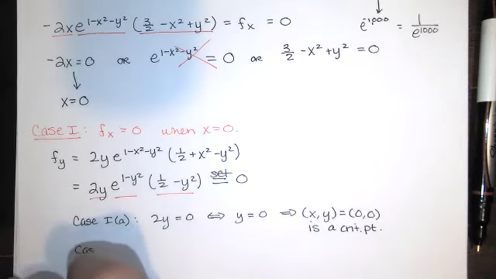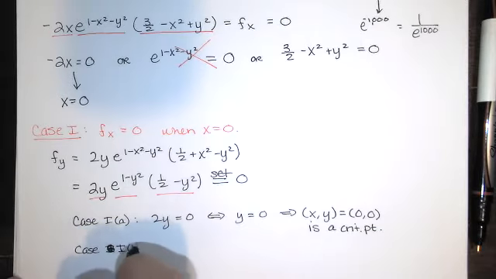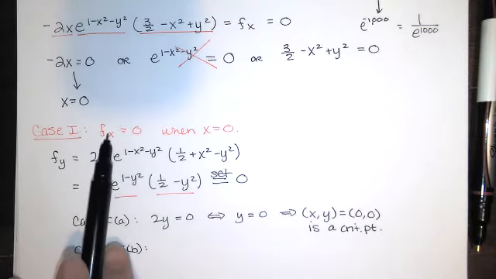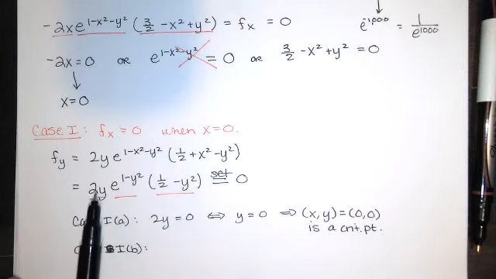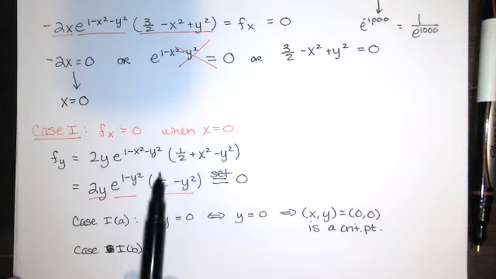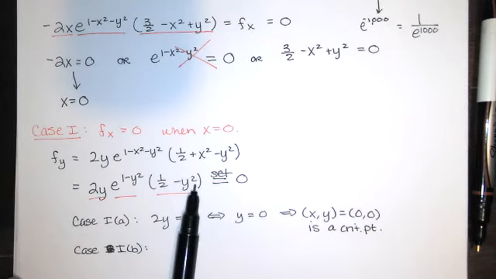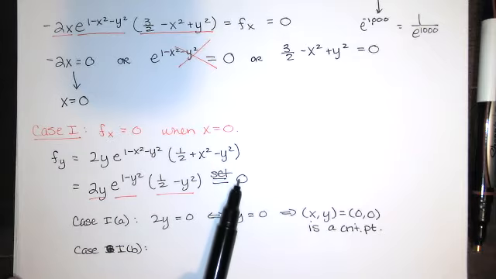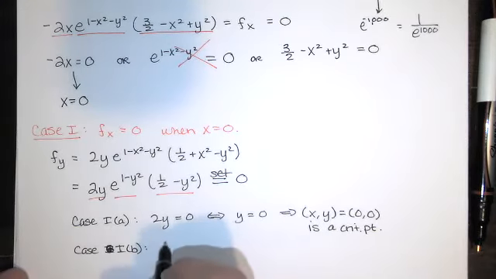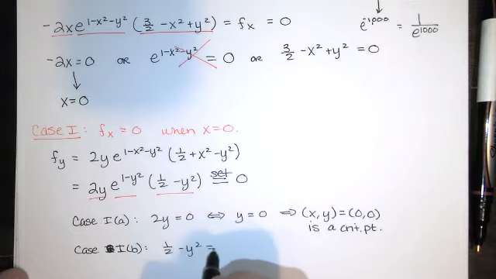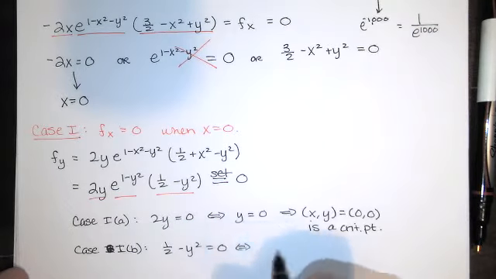The second case, oops, it's actually case 1b, is if the partial of f with respect to x is 0 because x equals 0, and this guy is 0, then the partial of f with respect to y would be 0, and we'd be at a critical point. So we'll have this guy equals 0. So you want to solve that for y.